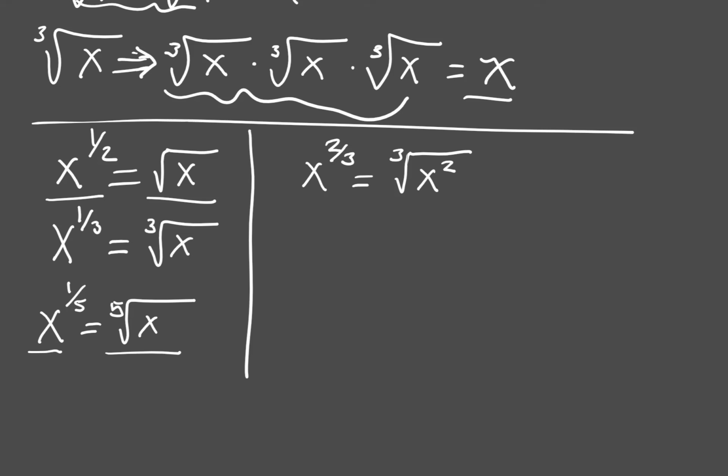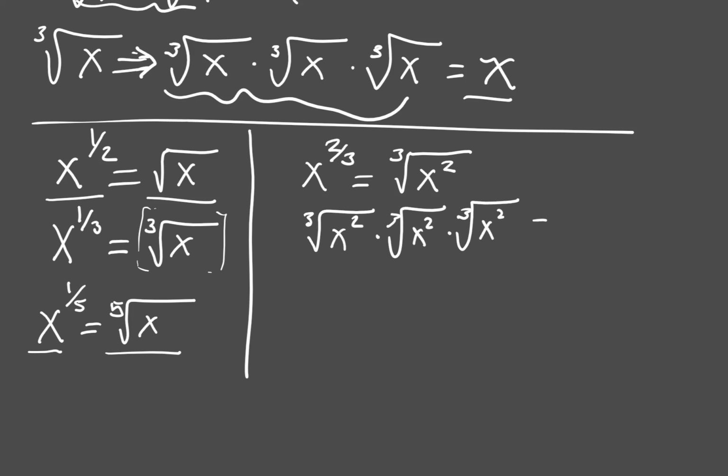So if I put 2 of these guys together, I'm 2/3 of the way there to getting to a full x. Here, if I put 3 of these guys together, I would get to x squared. So the cube root of x squared times the cube root of x squared times the cube root of x squared, that's equal to x squared.